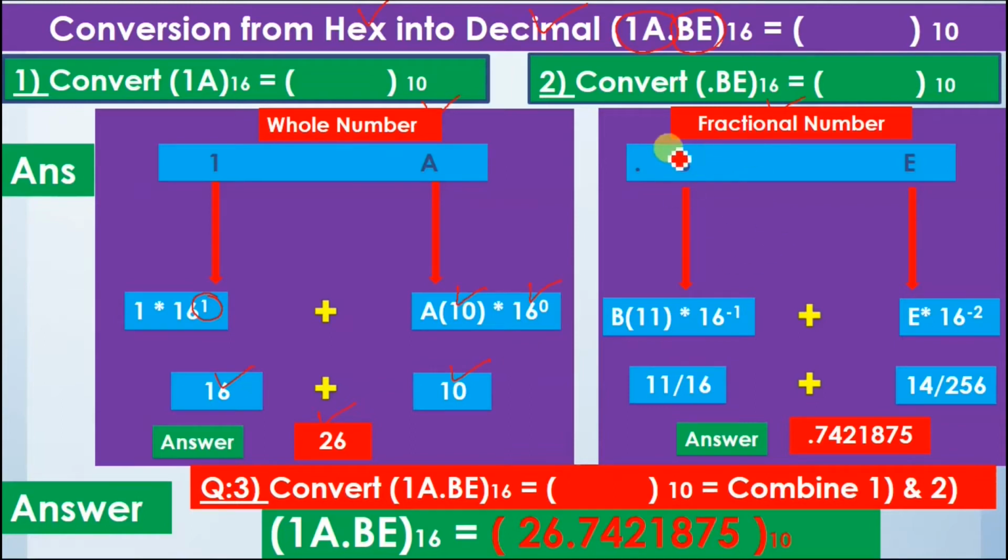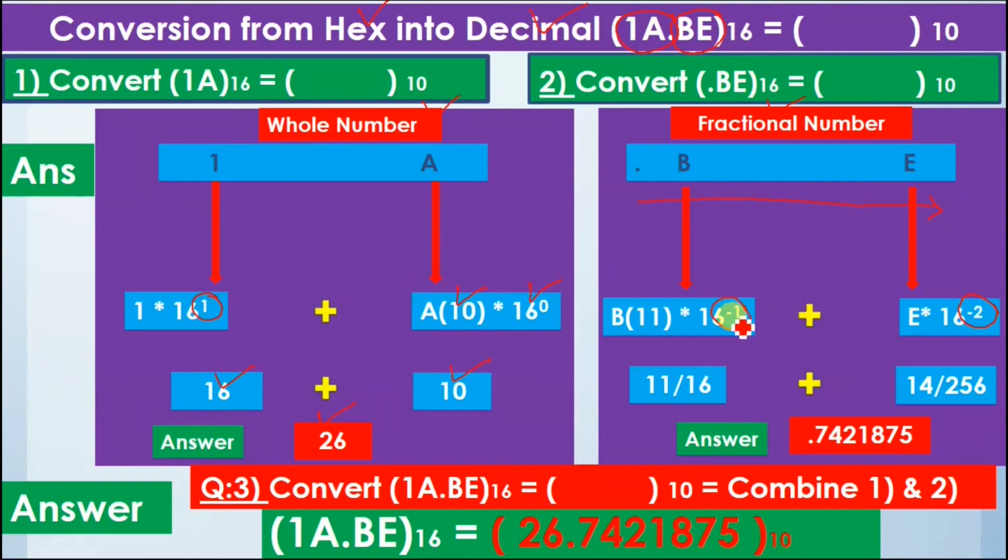And here is the fractional number, that is .BE. So we will multiply these digits while moving away from the decimal point with negative powers of 16. First of all, we multiply B with 16 raised to power minus 1, and then we multiply E with 16 raised to power minus 2.